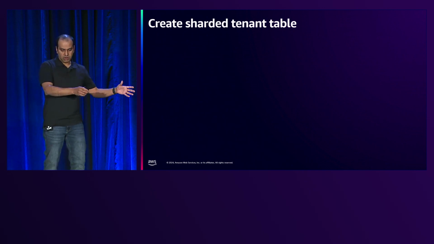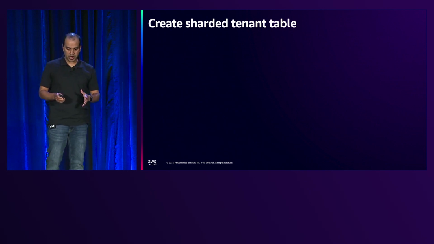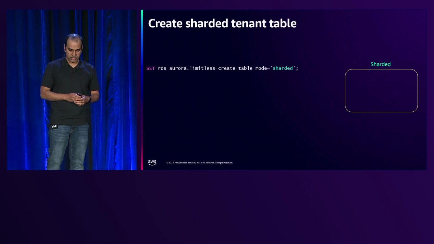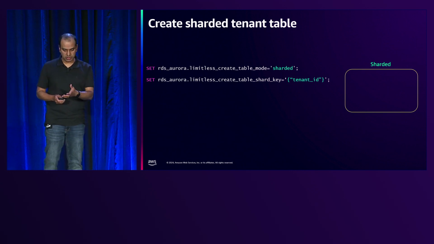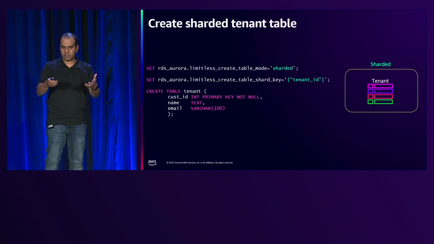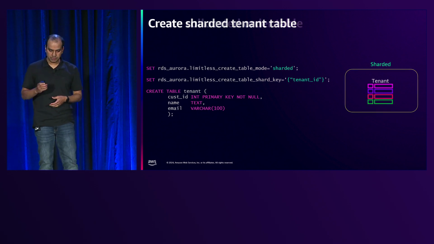Now, that was the conceptual side of things. How you would actually do it is by setting a session variable with the create table mode as sharded. And then, like I said, you would identify a column called the shard key. In this case, it would be tenant ID. So when you create the tenant table, you would specify the shard key.